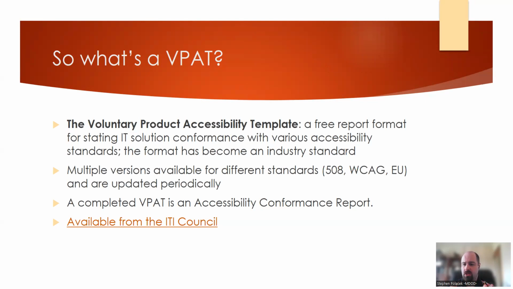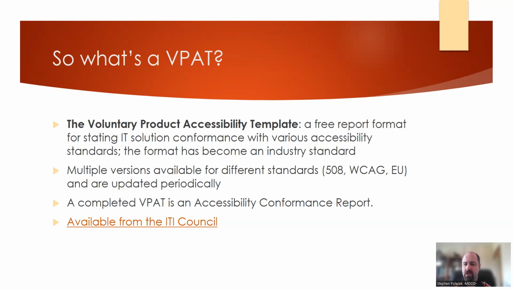So not every ACR is going to be a VPAT, but in general, the VPAT is what you should look for, because it gives you probably the most information that you can work off of, especially when we need to discuss things like evaluation methods used and such.